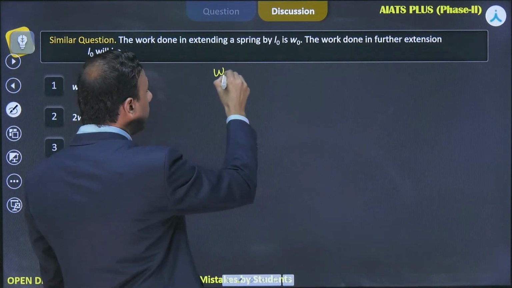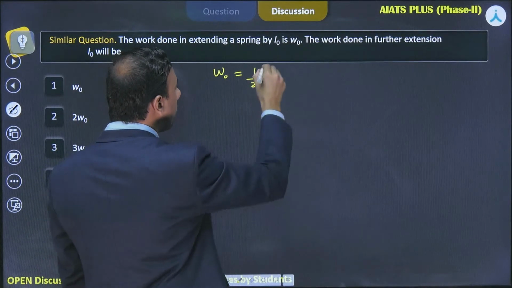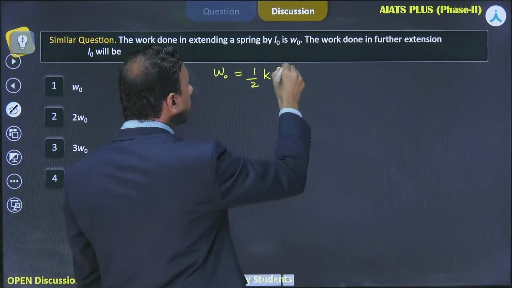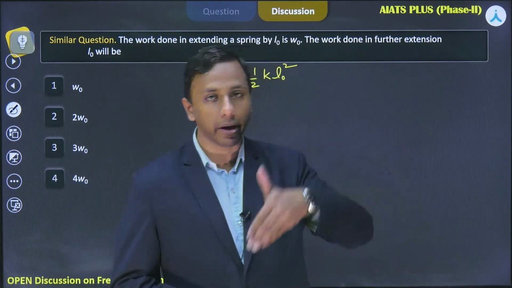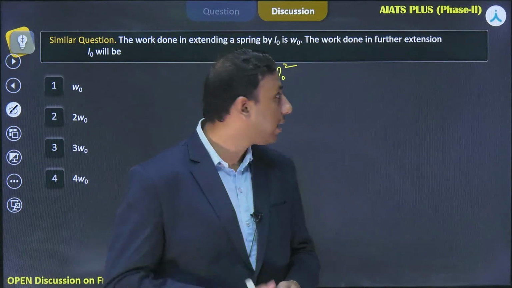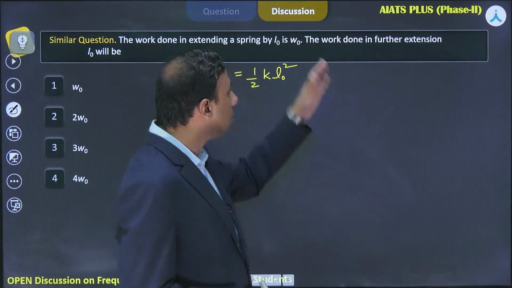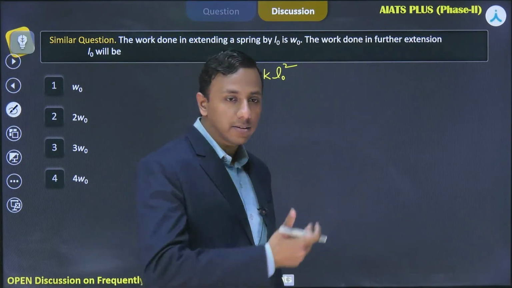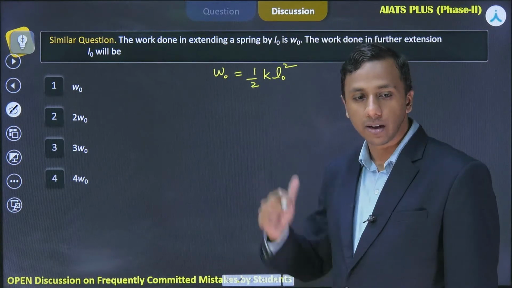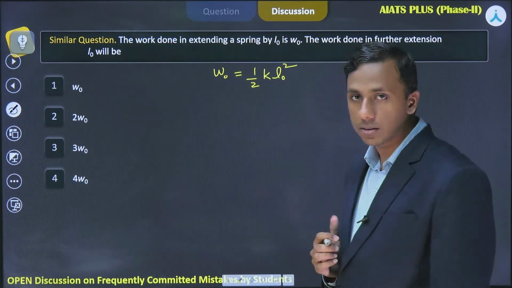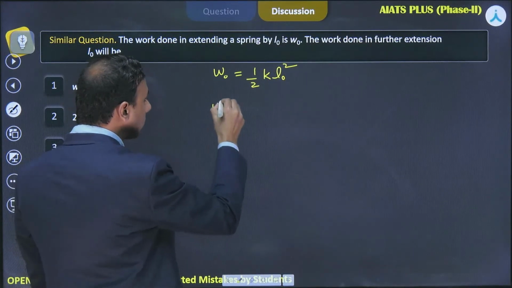So the elastic potential energy in the spring would be half k L naught square, and that work done gets stored as elastic potential energy. You can remember it in this manner as well. Okay, and they're asking the work done in further extension of the spring by L naught. Okay, the further extension is L naught.